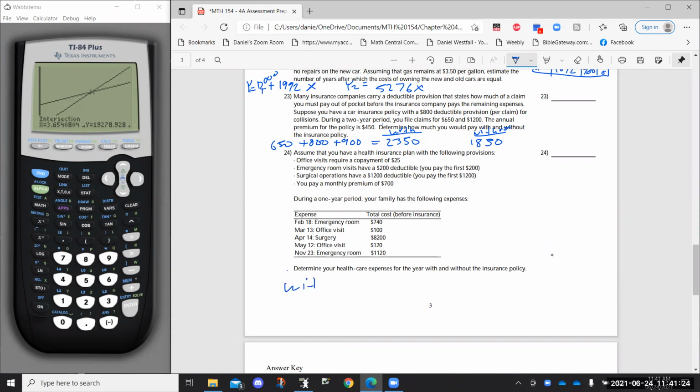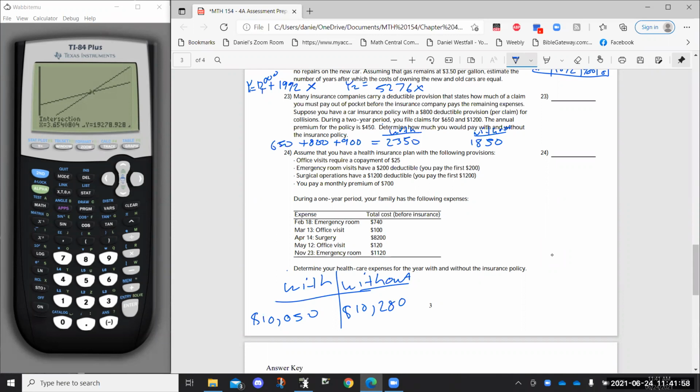So without your health insurance over here, we're going to have a total of $10,050. You add everything up with your benefits over here, and it's going to be $10,280. So you're actually going to want to have insurance. You're going to save $230 by having an insurance policy that way.